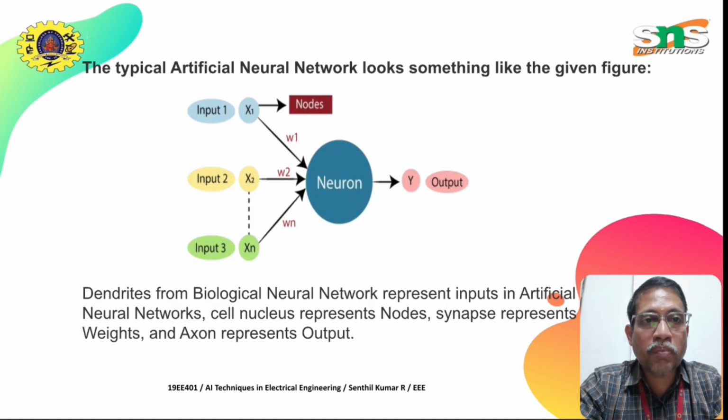Therefore, x1 into W1 plus x2 into W2 plus xn into Wn, the weighted corresponding signals, are summed together and given to the neuron, and the neuron accumulates all these signals, and if a threshold value is reached, then there may be an output.